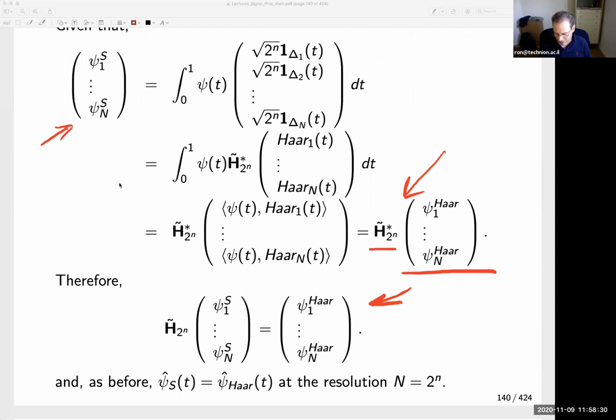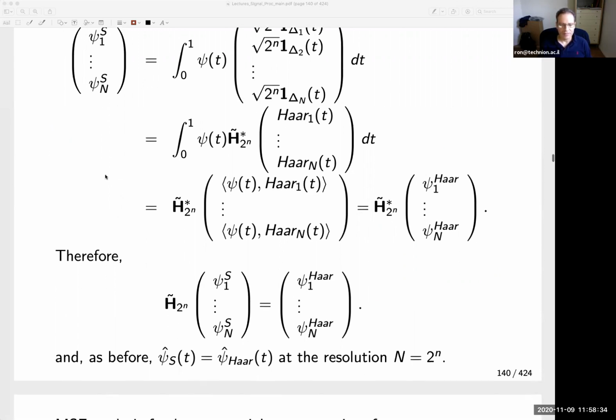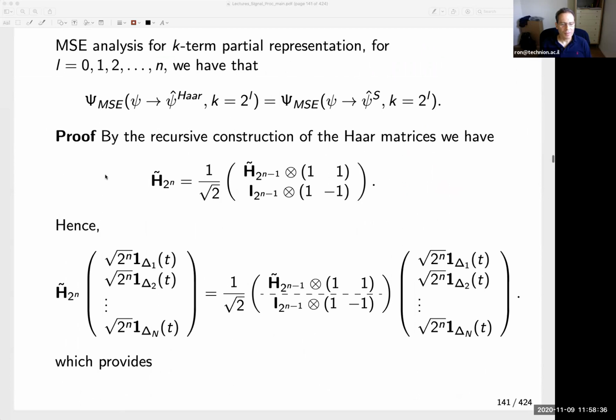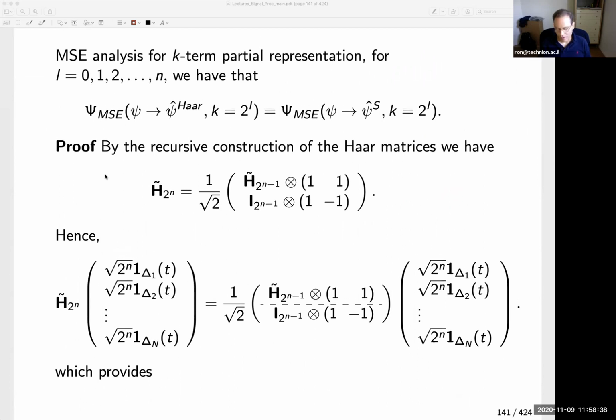But what would be interesting is to explore the MSE. So now let's do a mean square error analysis for the first case, for the first k terms of my representation. There is this theorem that allows me to say the following.